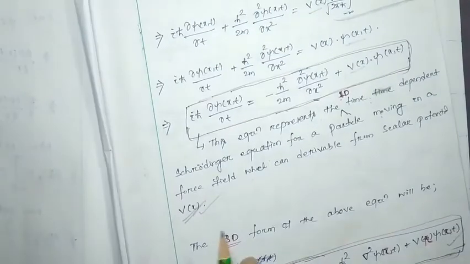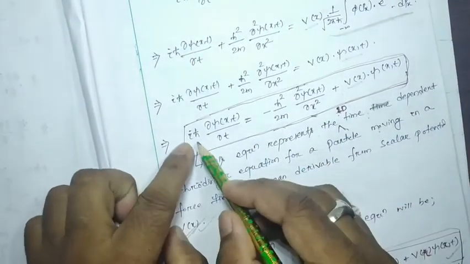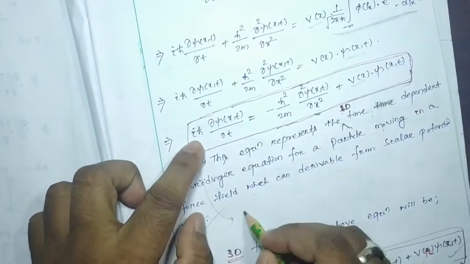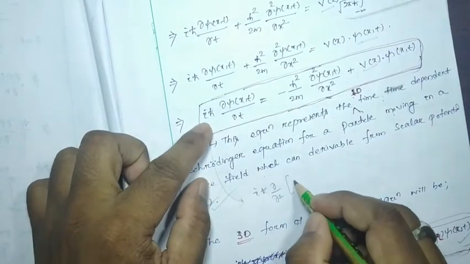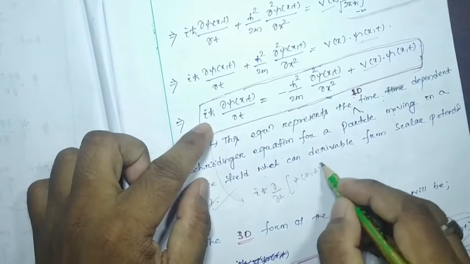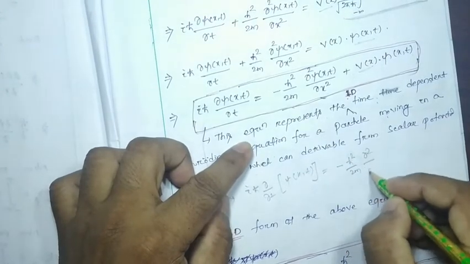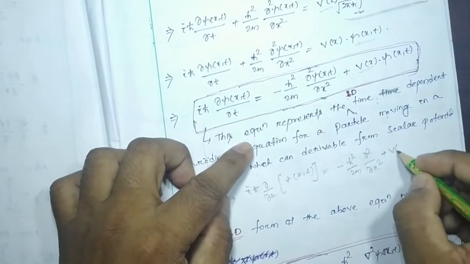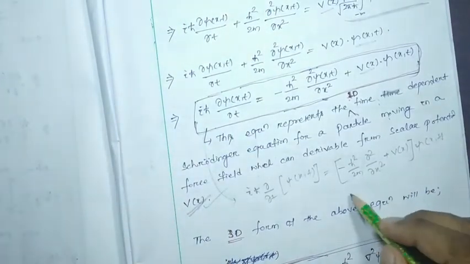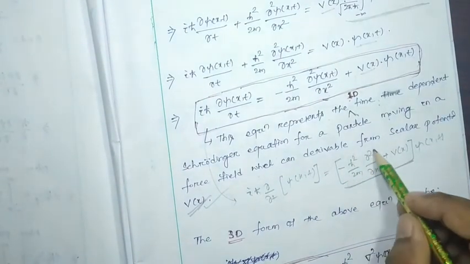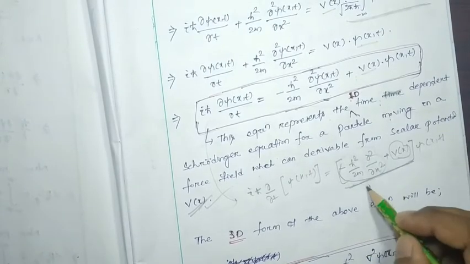So this equation is iħ del by del t of psi(x,t) equals minus ħ square by 2m del square by del x square plus V(x), into psi(x,t). This part is the kinetic energy operator, this is the potential energy operator, so this is total energy.